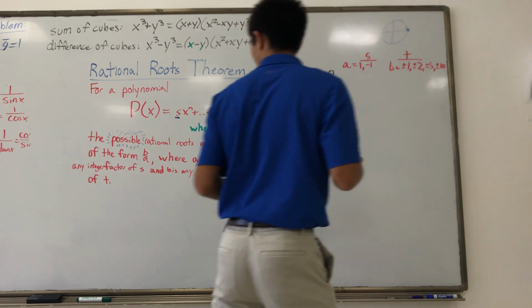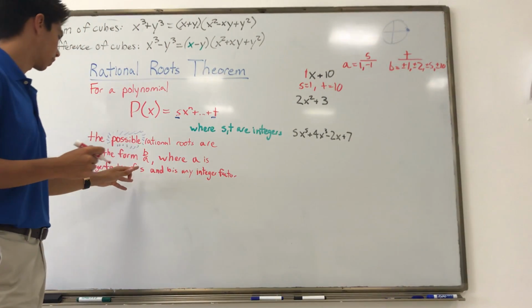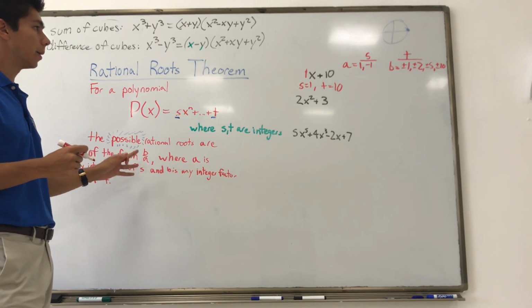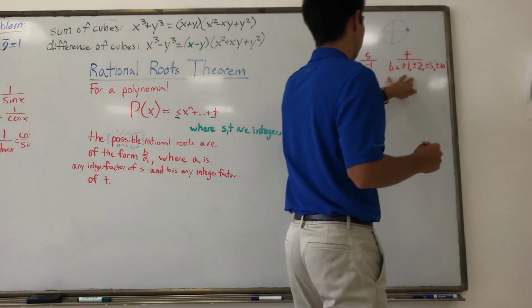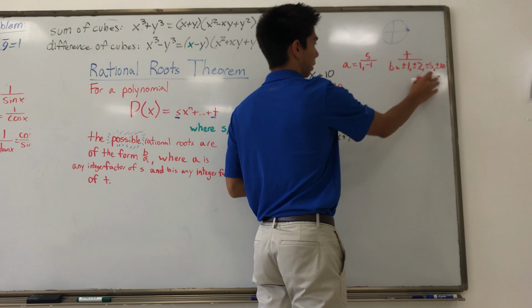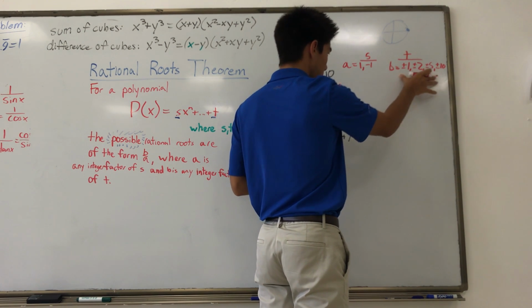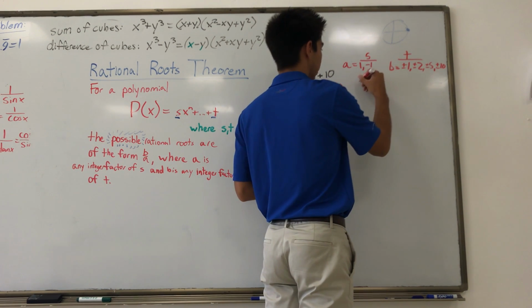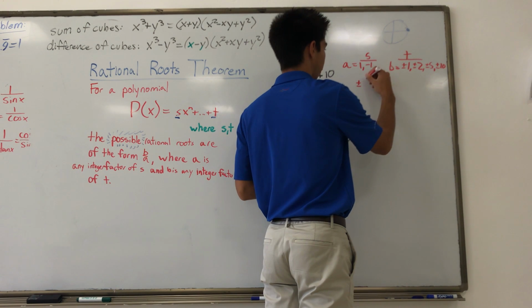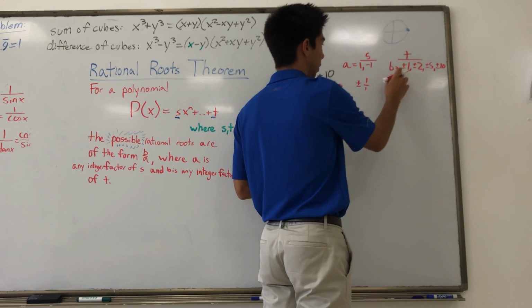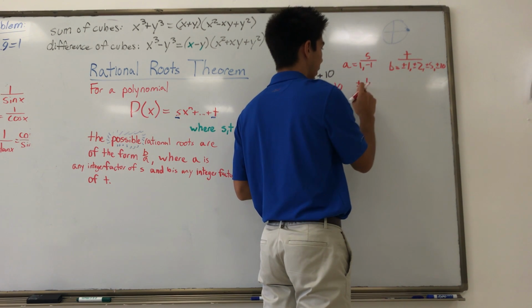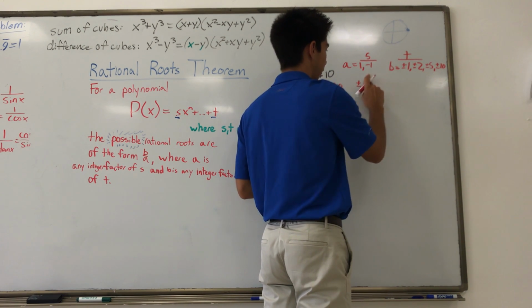So now I know that the list of possible rational roots are of the form b over a. So that means it can be any combination of these. So I want to look at my list here. I know that b over a could be positive or -1 over 1, because any combination of these will give me positive or negative. So this is just positive or -1.